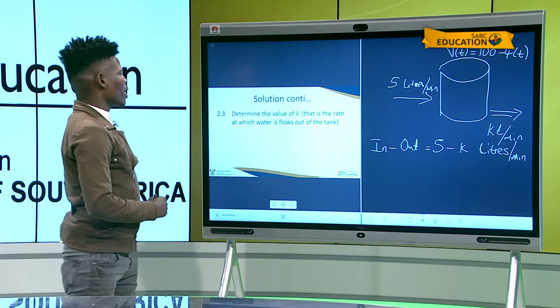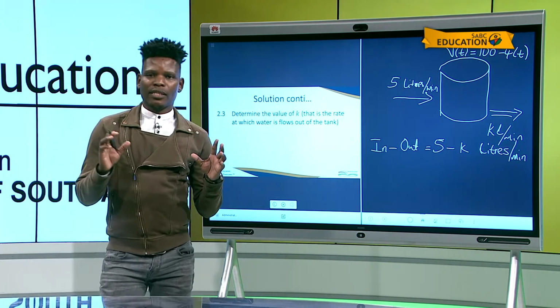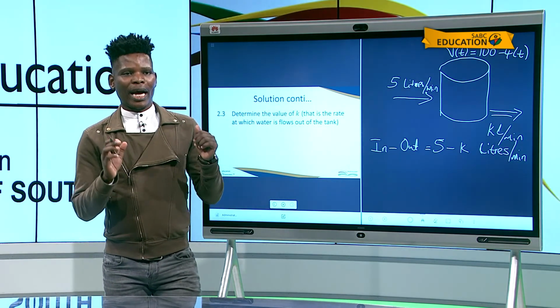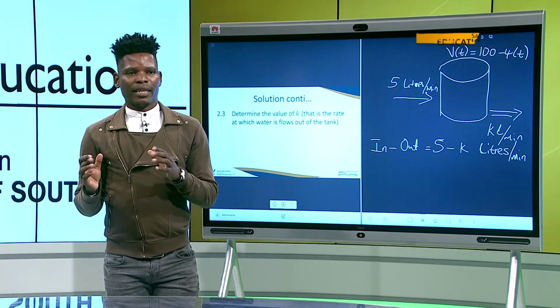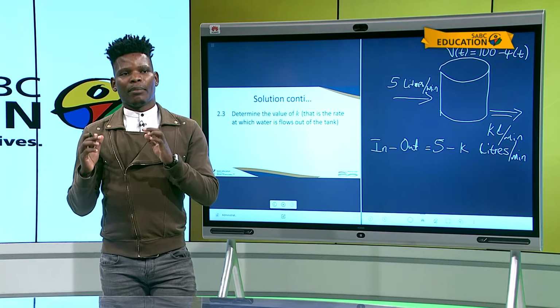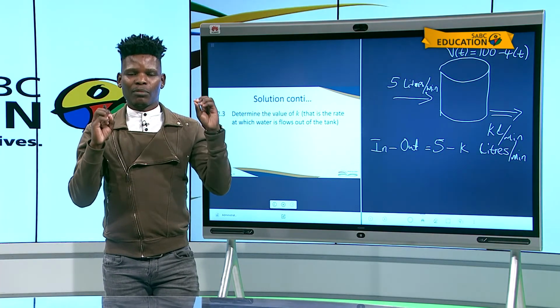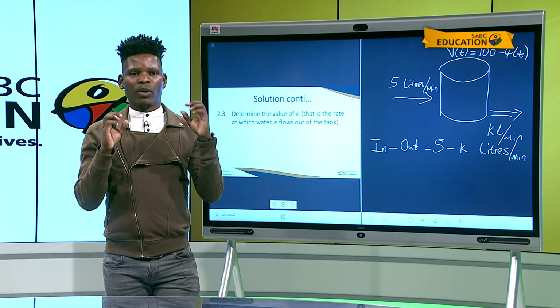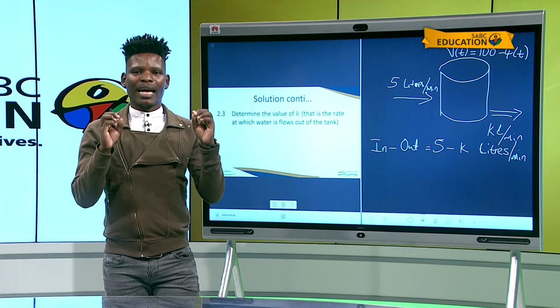In the next question, they want us to determine the value of K. Now we have two expressions for the rate. One is 5 minus K liters per minute. The other one is -4 liters per minute. Now these two expressions both represent the rate at which the volume of the water is changing. So these two expressions are equal.